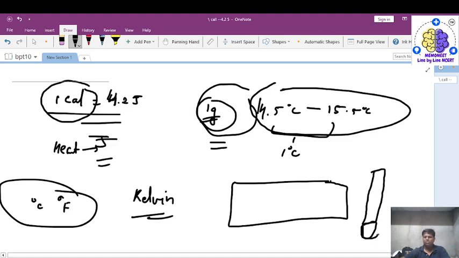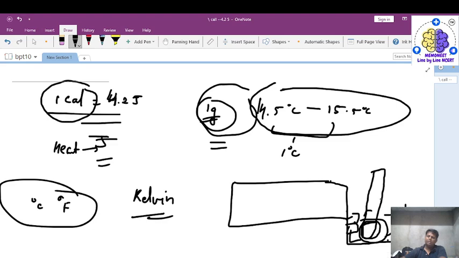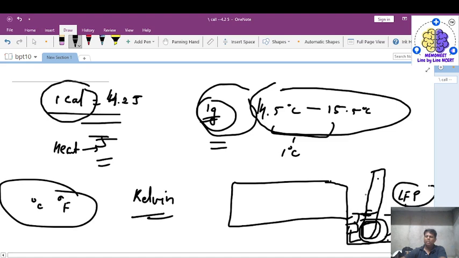This bulb is placed in a container which is filled with melting ice, right? At the temperature at which the ice is melting, the mercury in the thermometer will contract and reach a level. We will mark that level, and that will be known as the lower fixed point.